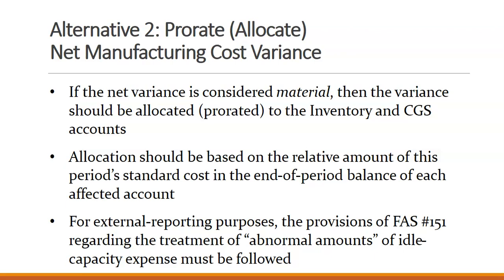Our allocation should be based on the relative amount of our standard cost in the end of period balance in each affected account. And we want to make sure for external reporting purposes that we're following FASB rules regarding the treatment of abnormal amounts. And this is our idle capacity expense.